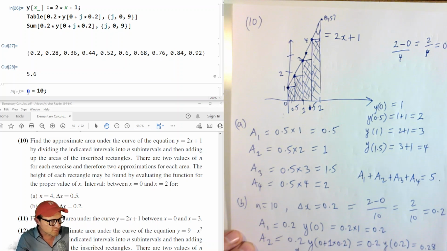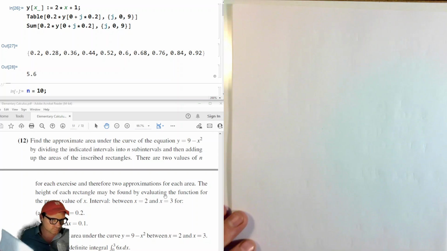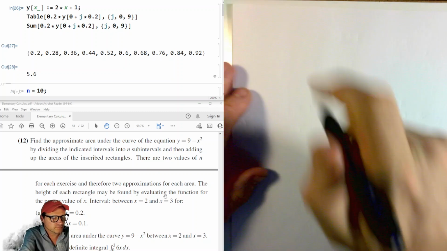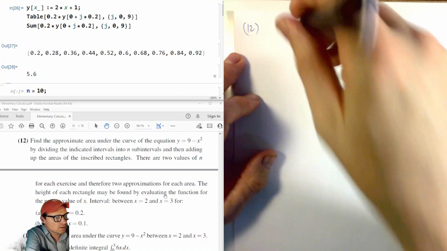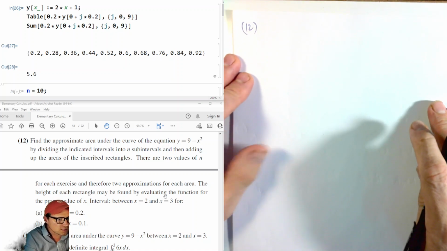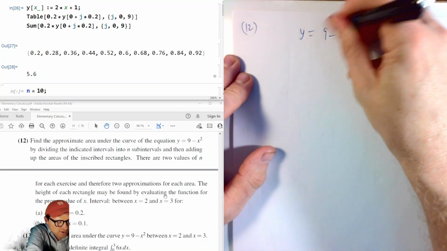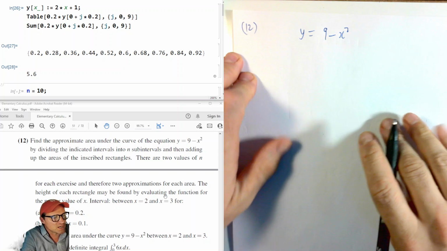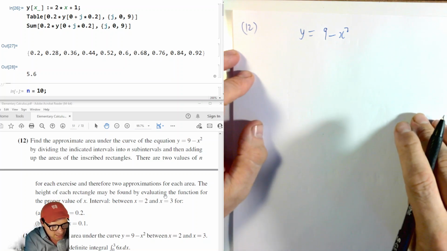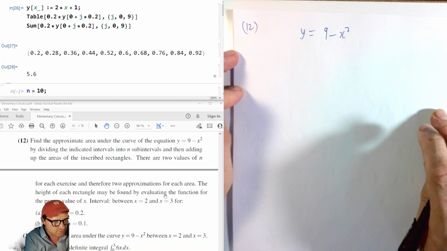All right, let's move on now to question 12. Find the approximate area under the curve of the equation y equals 9 minus x squared by dividing the indicated intervals into n subintervals and then adding up the areas of the inscribed rectangles.